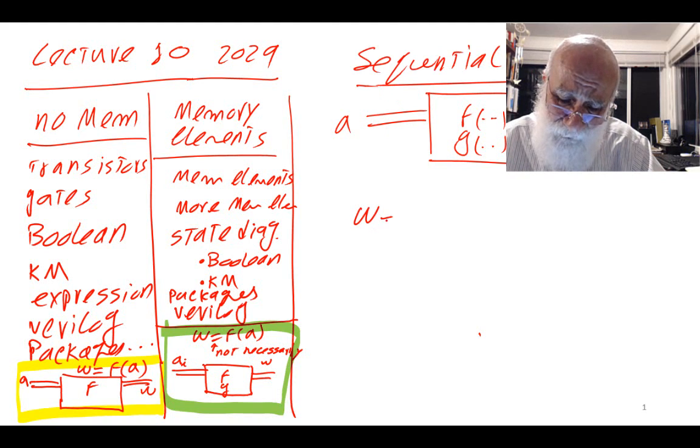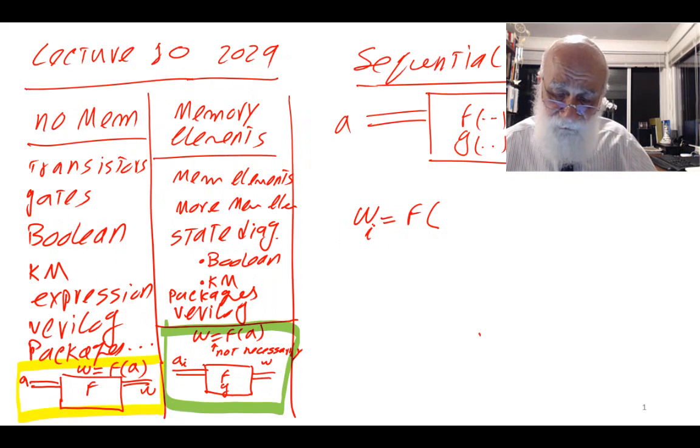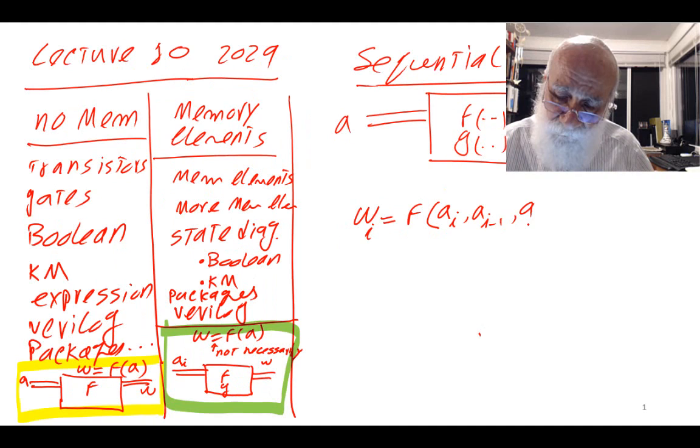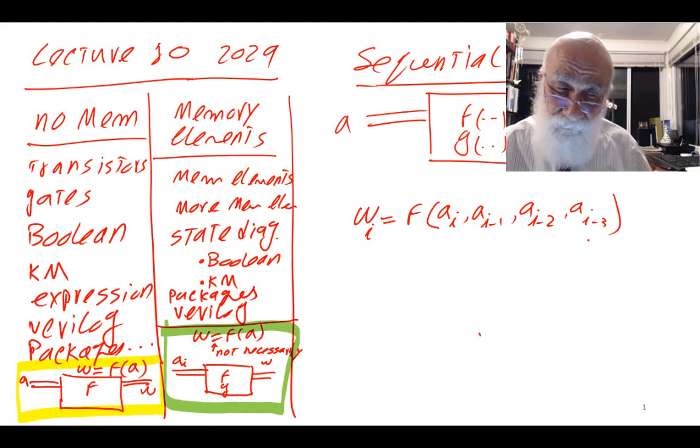If you look at W, present W, today's W, is a function of input today, input yesterday, input the day before, input the day even before.